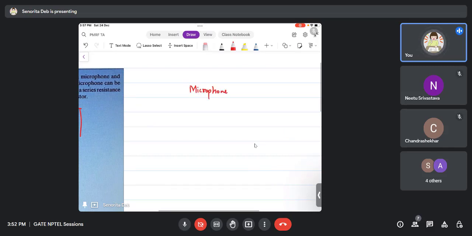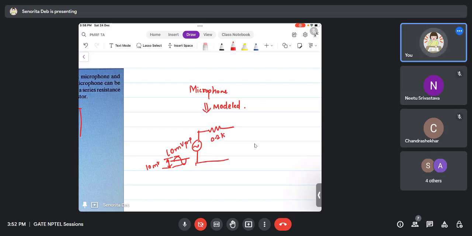The microphone is modeled as a 10 millivolt peak to peak source. That means the entire thing is 10 millivolts peak to peak in series with a 200 ohm resistance, 0.2 k. So this is nothing but the microphone model.